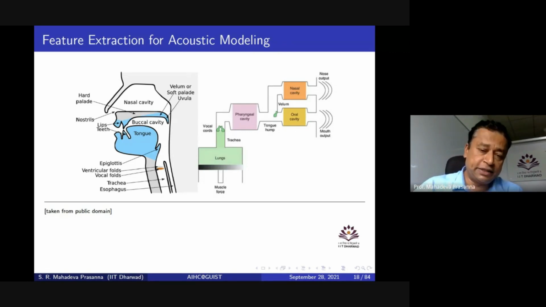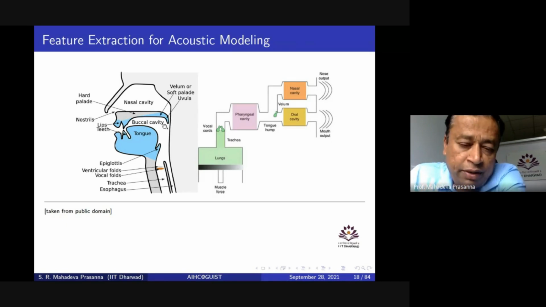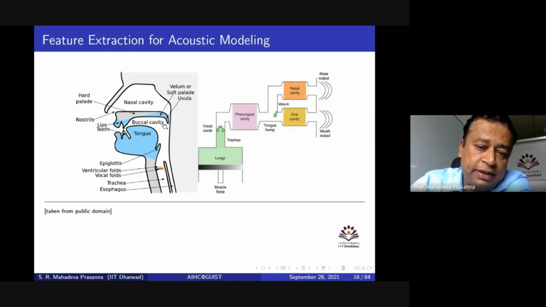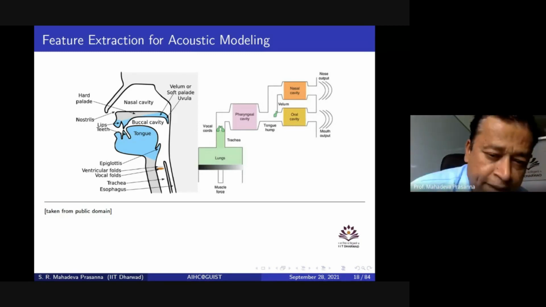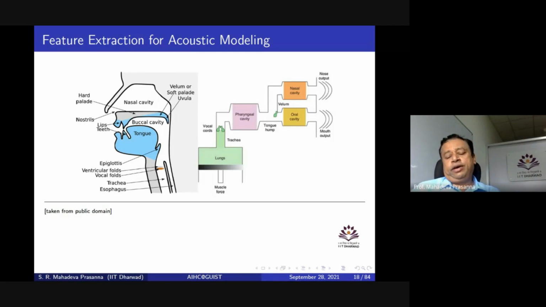Such things we can try to improve. When it is highly nasalized, we will be able to say that sagging of the velum has happened. Now doctors should take a view on that and decide what needs to be done.